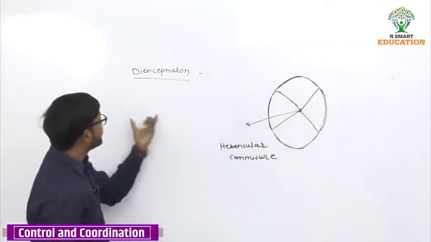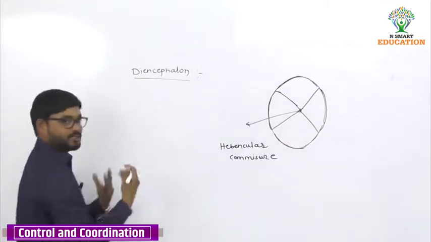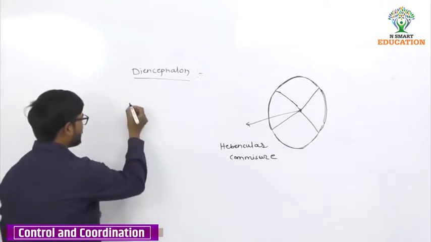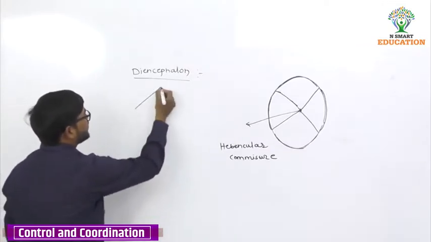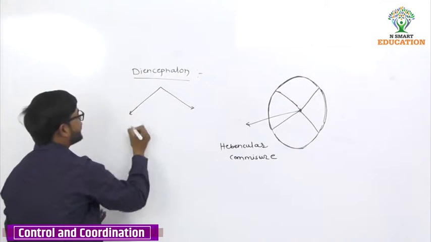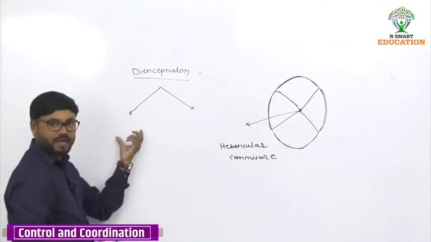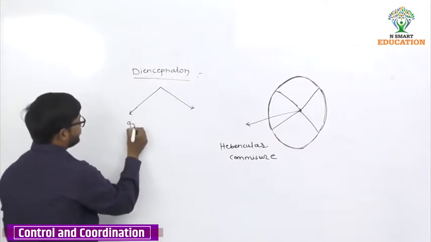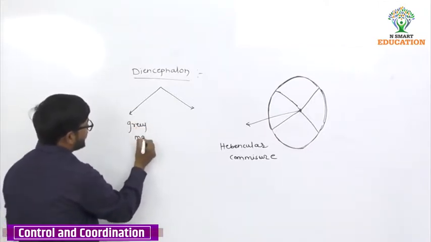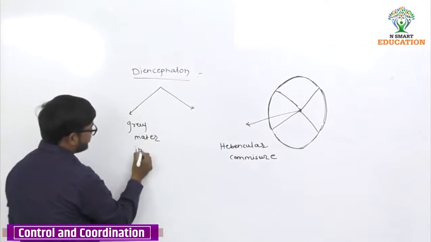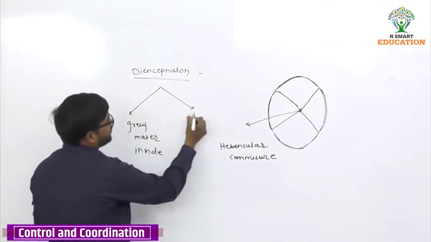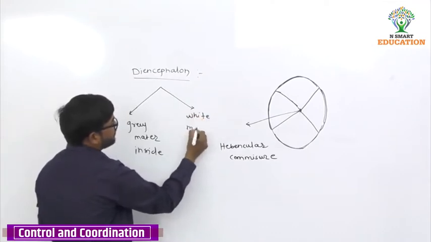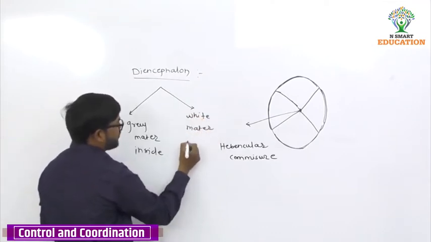Okay, so in the diencephalon, very important, it is made up of one outer matter and one inside matter. Here gray matter is present inside and white matter is present outside.